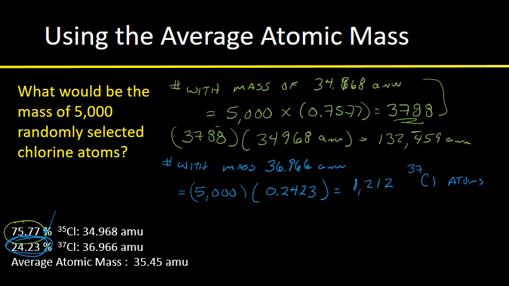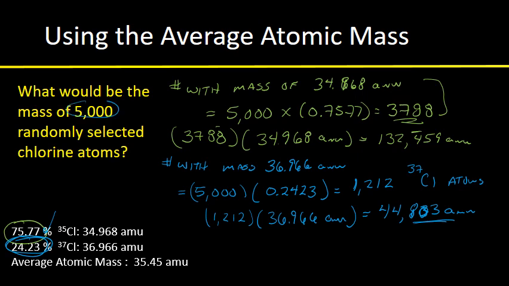And so the total mass for all of these is going to be the number of atoms times their mass, which is 44,803 atomic mass units.